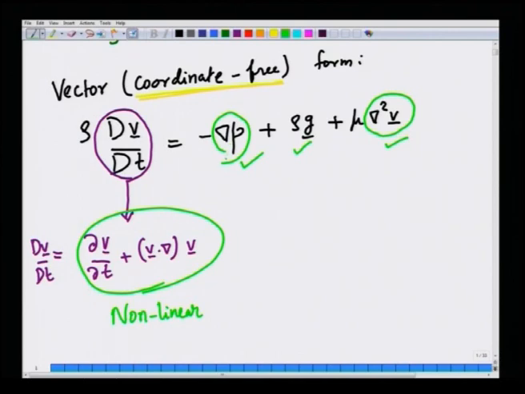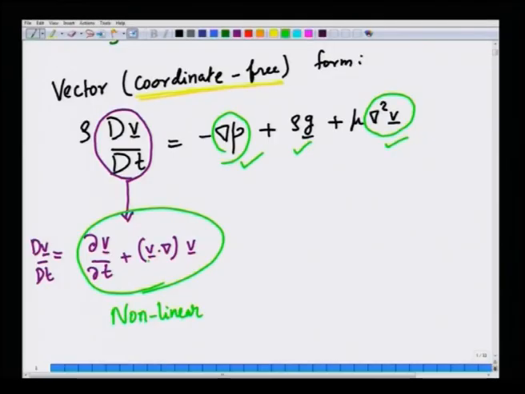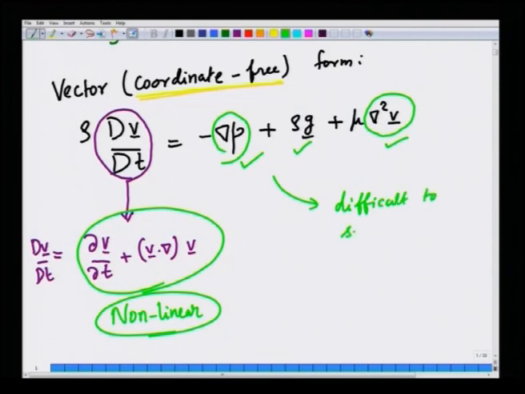It does not occur as a product or as a nonlinear function of itself. Okay. Whereas, here the unknown occurs as a product of the velocity dotted with the gradient of velocity. So, this nonlinearity, okay, renders the Navier-Stokes equation in general to be very difficult to solve in its most general form.